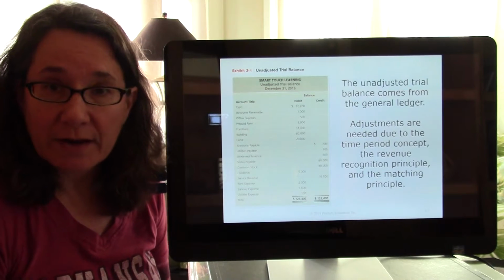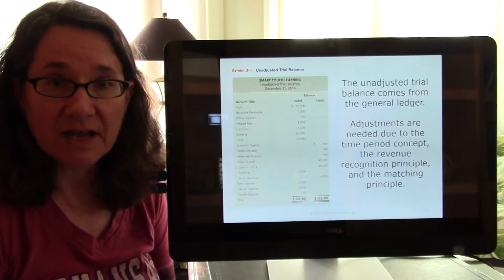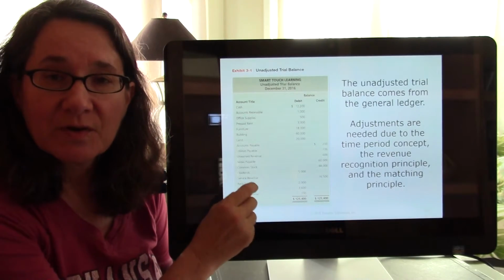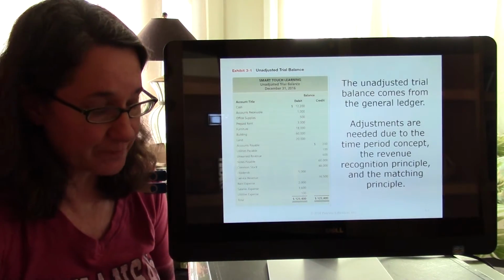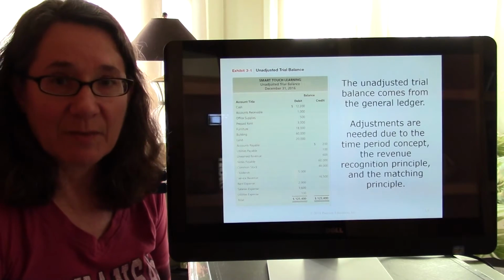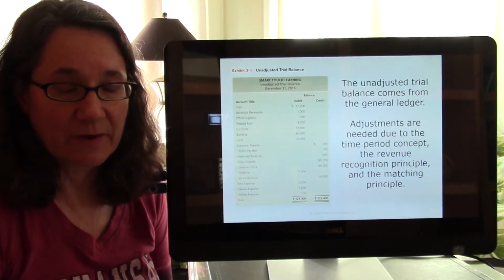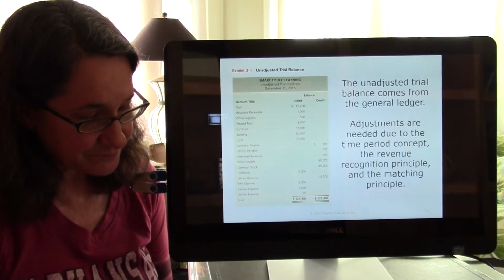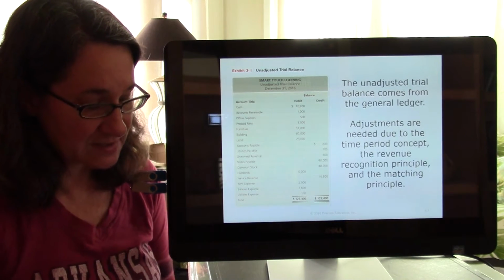Because in Chapter 2 we hadn't learned how to do adjusting entries yet. So that's great. You have to do that before you start doing your adjusting entries. You don't want to start doing adjusting entries to an out of balance trial balance. So let's talk about that.